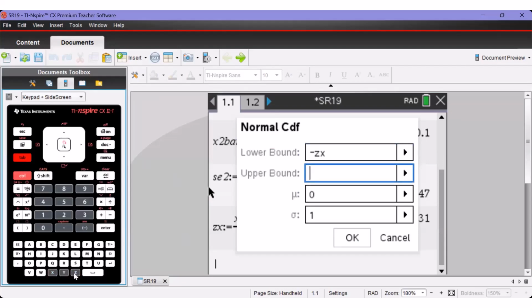For the upper bound, we can press ZX, press tab. We're dealing with a standard normal distribution here, so our mean is 0 and our standard deviation is 1. Then tab to highlight OK and press enter.